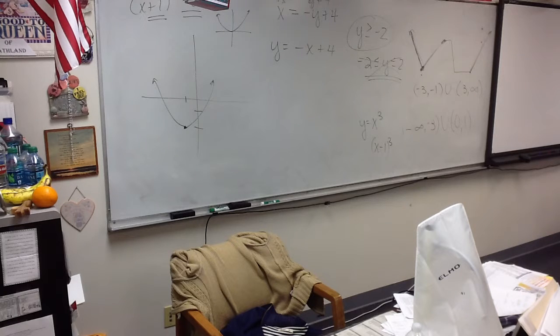Now, here's what I want to do now. I've given you a bunch of stuff the other day, and I want you to find a paper that says Precal A, period 5 is heart and smile, extra review 1.1 to 1.4.